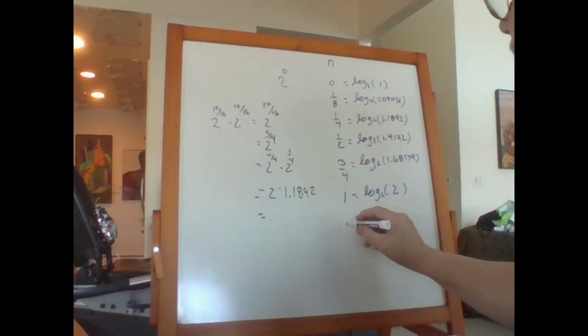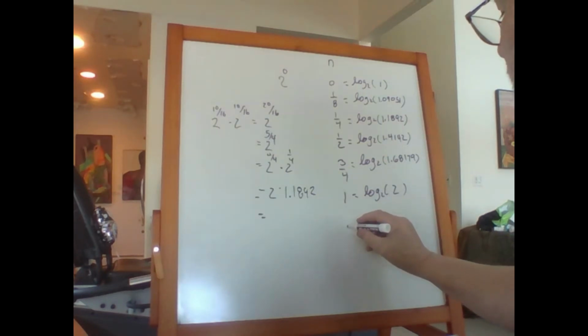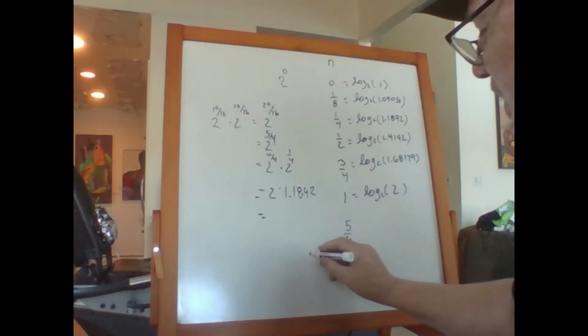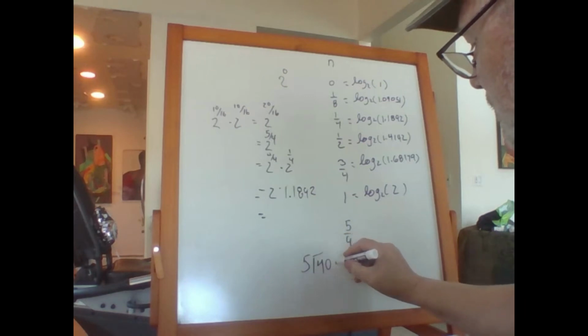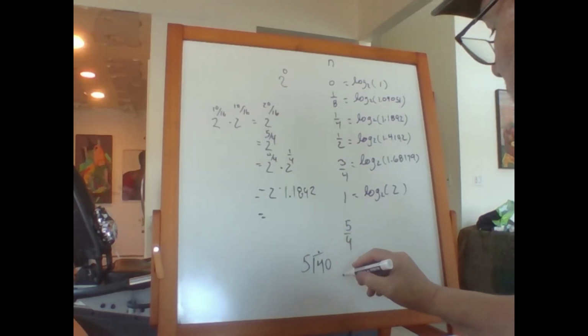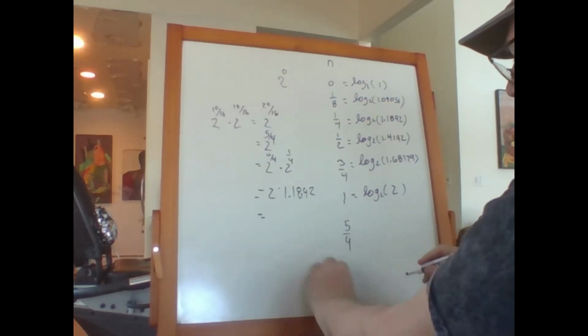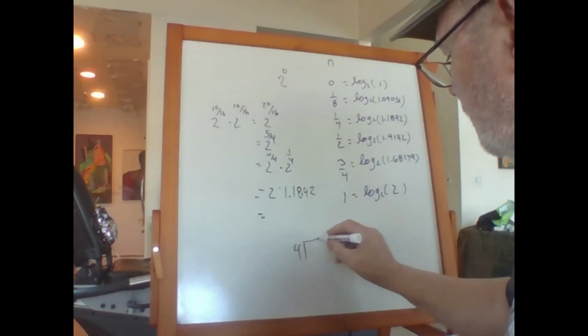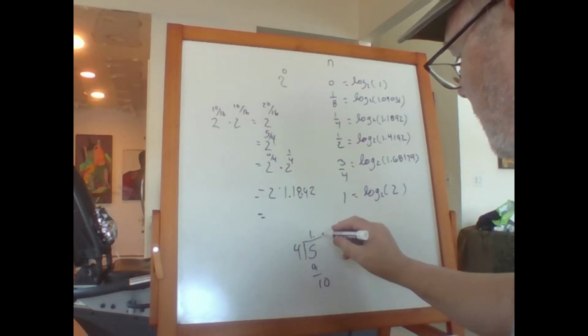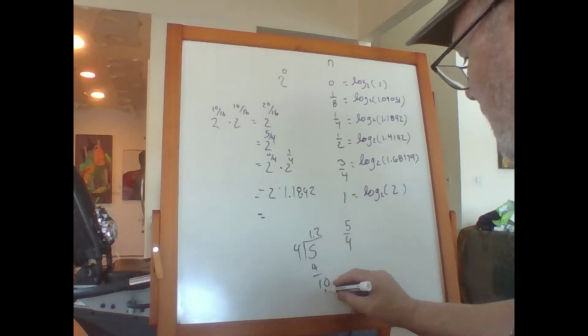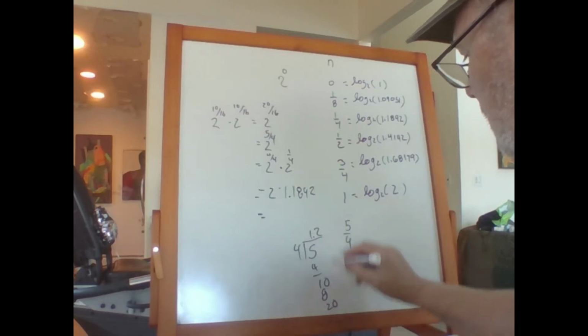And so we have 5/4. Whoops, I got this backwards. 4 into 5 is 1, 1, 0, 2, 8, 2, 0, 5.